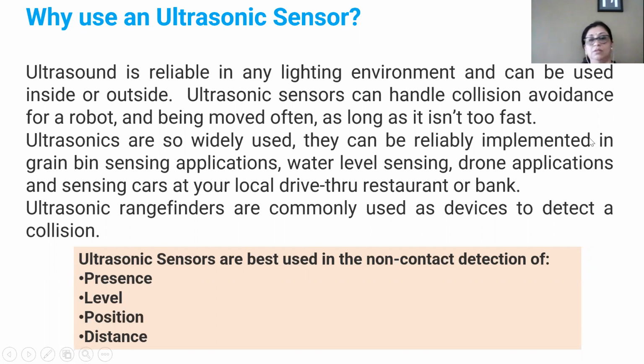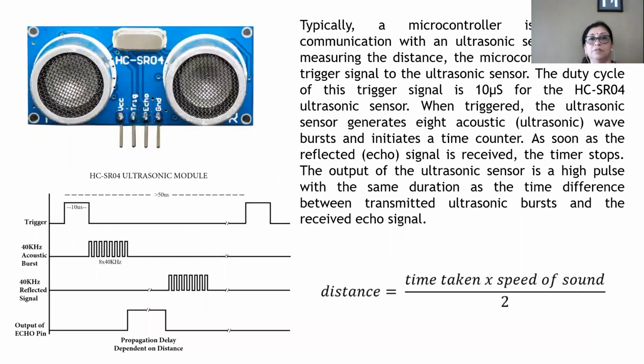So these are the wide areas of application. If you see day-to-day applications, then water level sensing, drone applications, automotives, and any local drives can use this type of sensor.